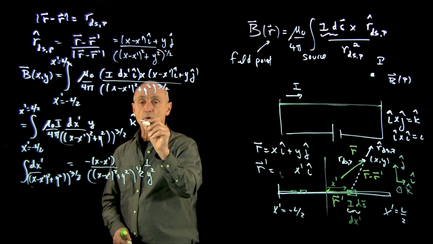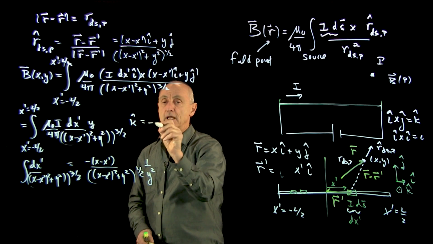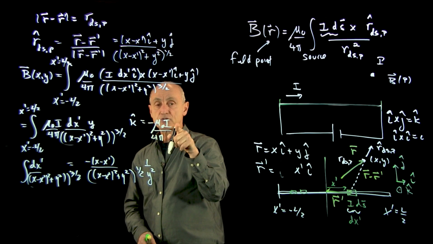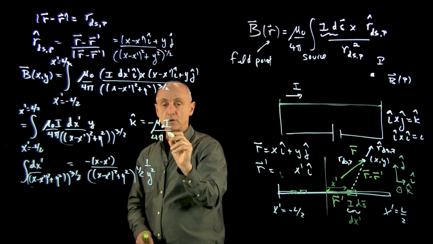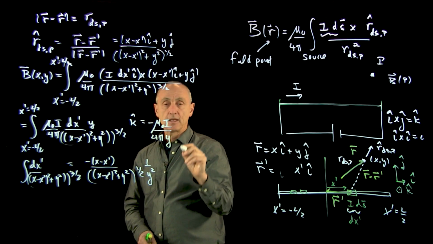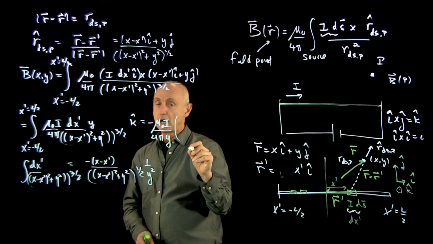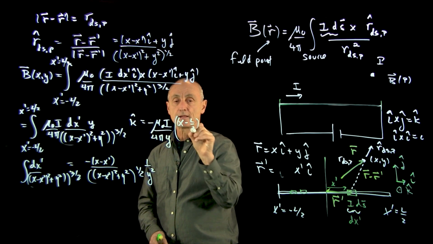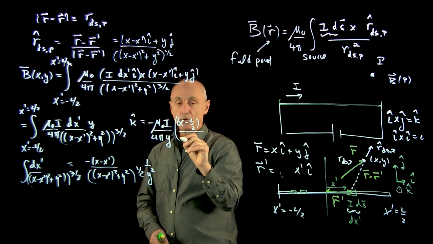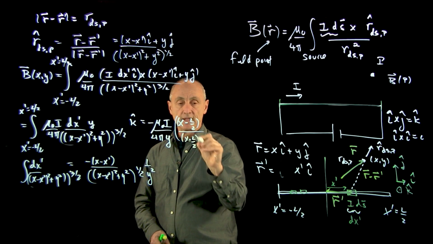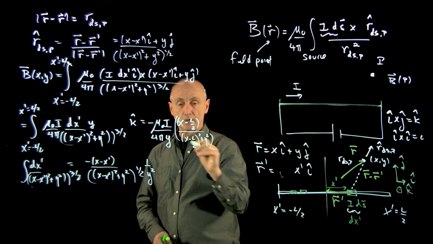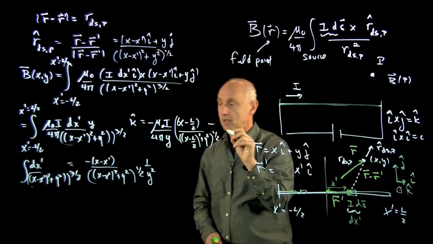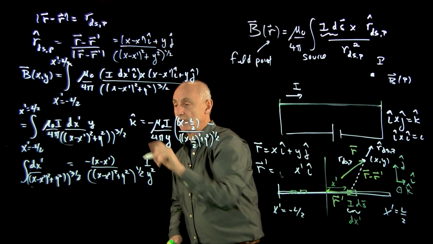And so what we get is minus mu naught I over 4 pi. Now notice there's a y up here and a y squared downstairs, so I have a y down there. And I have in here (x minus L over 2) over the denominator, which is (x minus L over 2) squared plus y squared, to the 1/2, minus, this minus sign is out there.